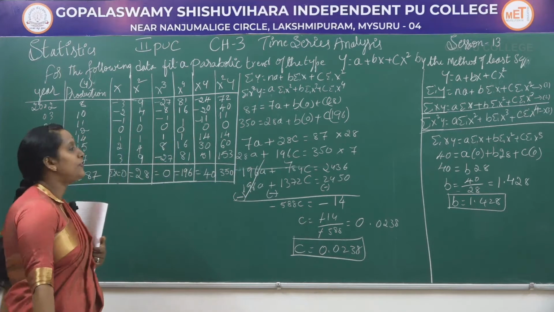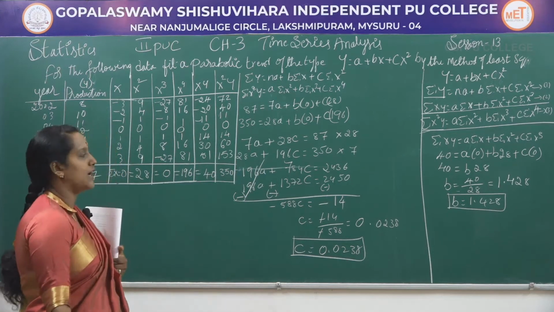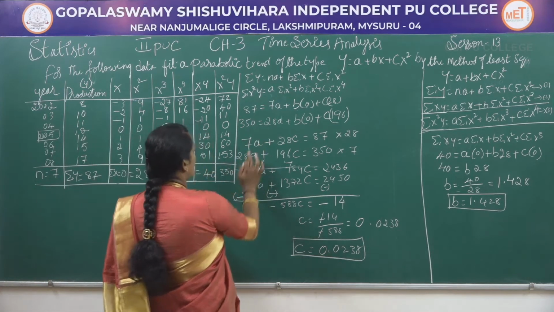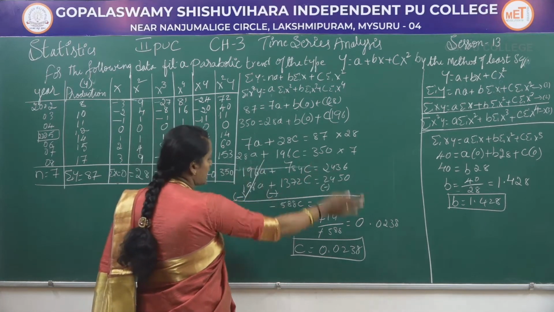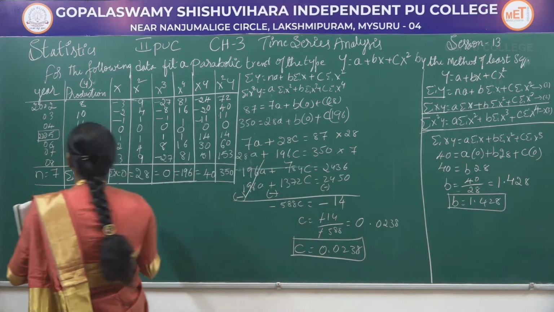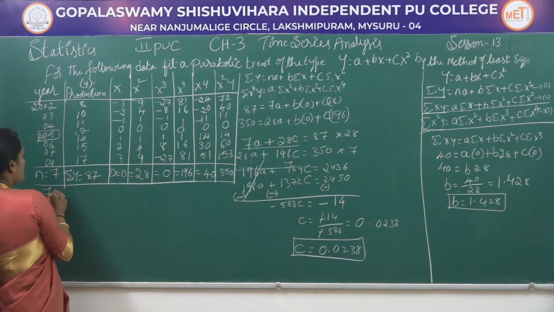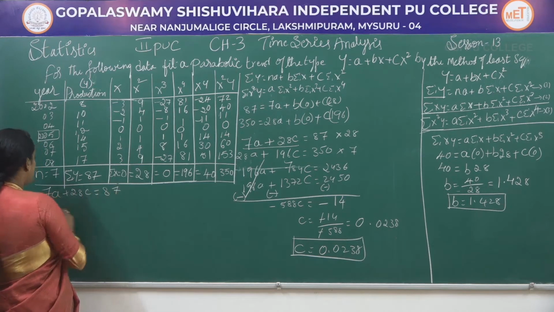After finding the c value, the next step is to find the a value. Consider any one of these two equations. I'll consider the first equation, 7a plus 28c is equal to 87.